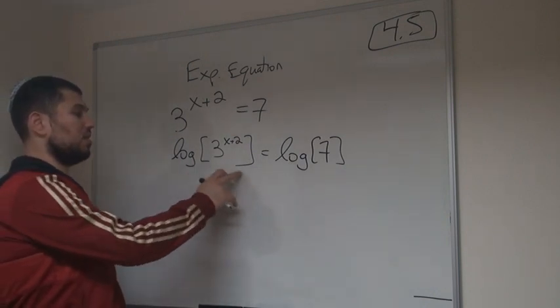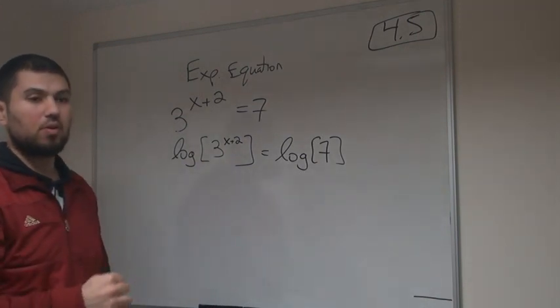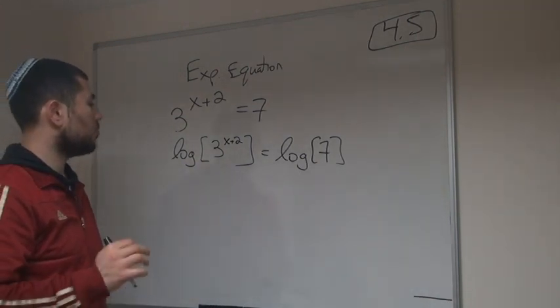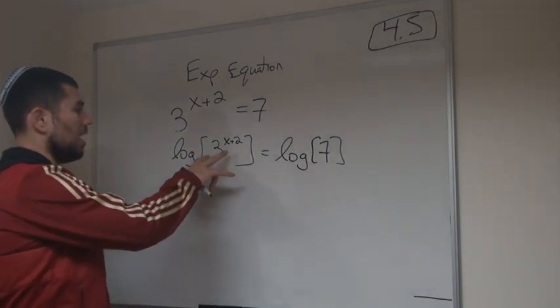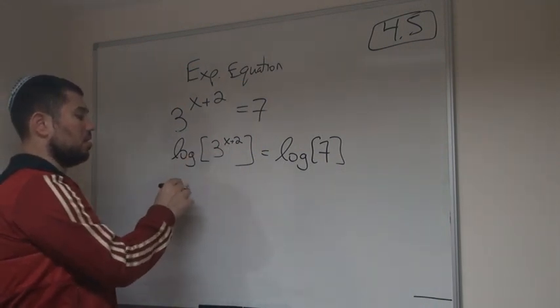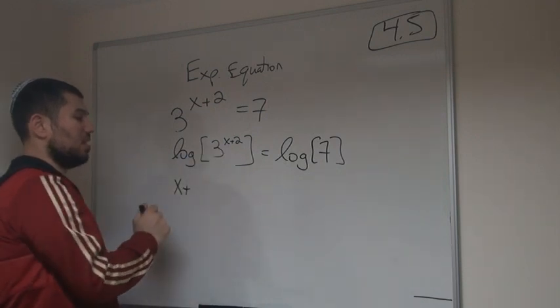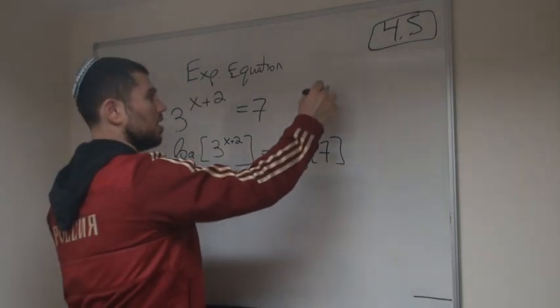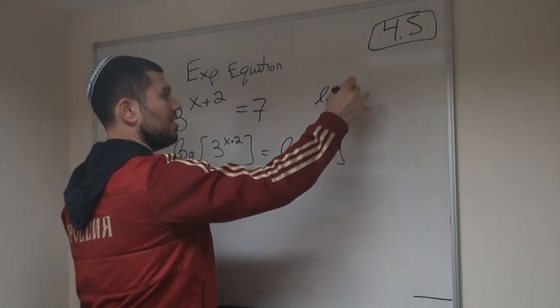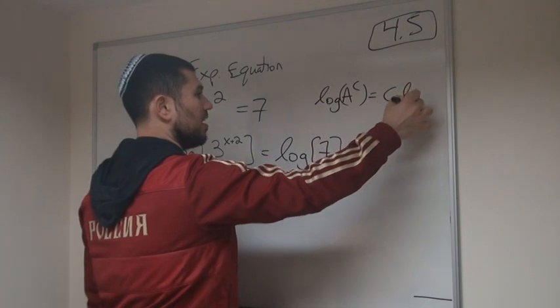Now I see, hey look, based on rule 3 from 4.4, that rule told me I can bring the power down. Log of a to the c power is c times the log of a.